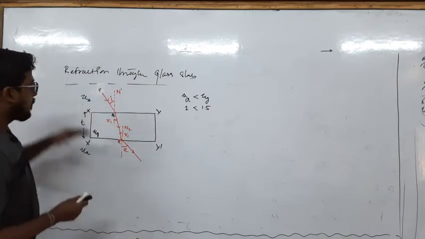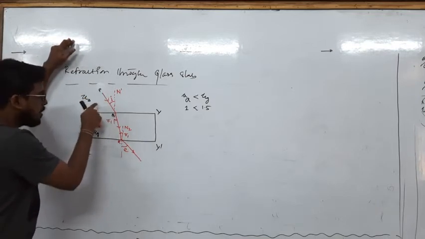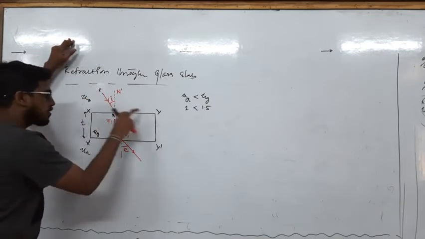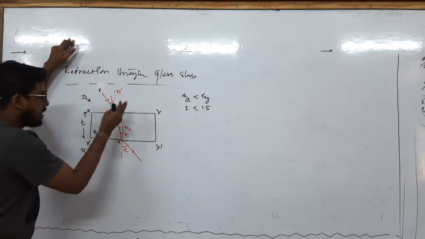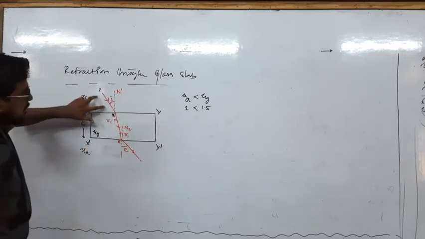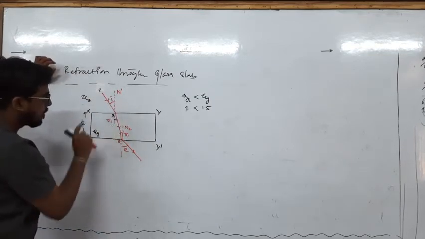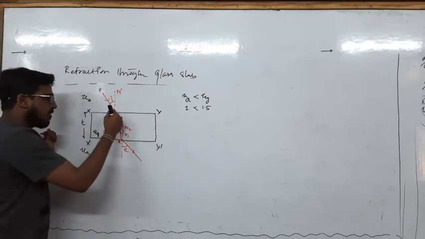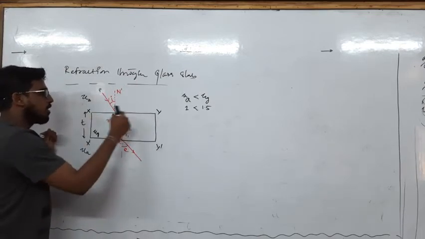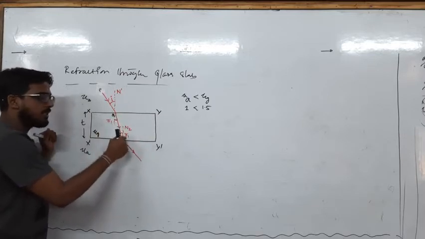Clear? So first the incident ray PQ travels from air medium to glass medium at the interface XY, which separates air and glass, so the light ray PQ travels from rarer to denser. That's why it bends towards the normal N1. At the second interface X dash Y dash, the ray refracted at the interface XY becomes the incident ray, and the refracted angle R1 becomes the incidence angle R1.